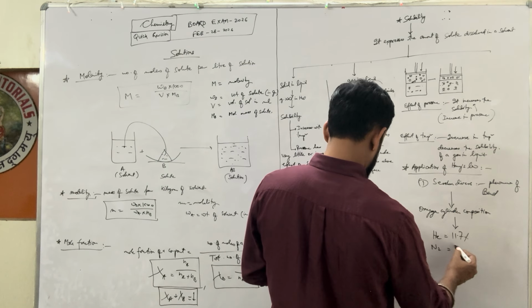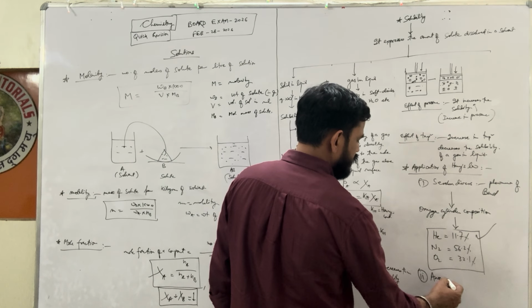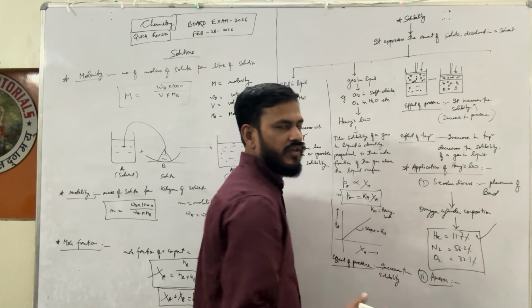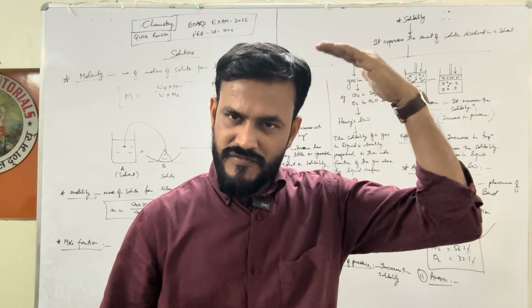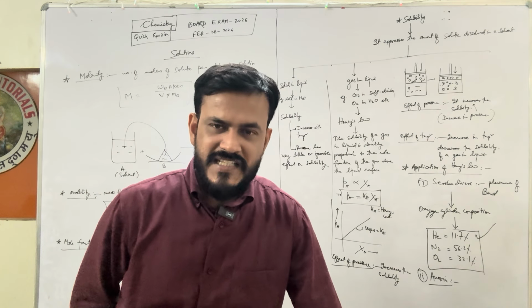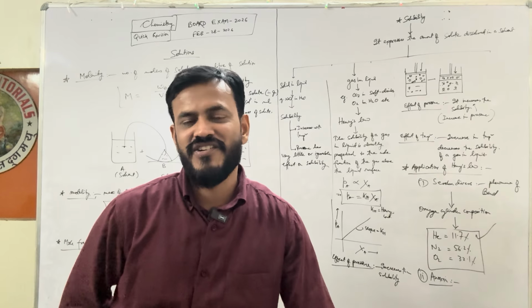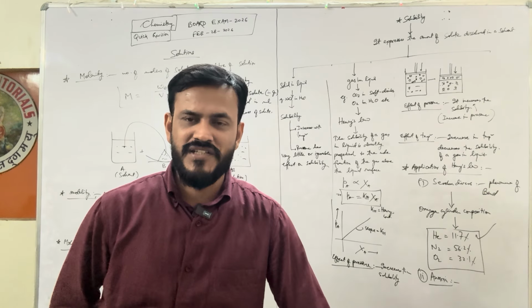Now the next application is anoxia. What happens on mountains when mountain climbers go on mountains? Pressure is low because there is a very thin layer of air above one's head. So less pressure causes less oxygen or air to get dissolved in one's blood.